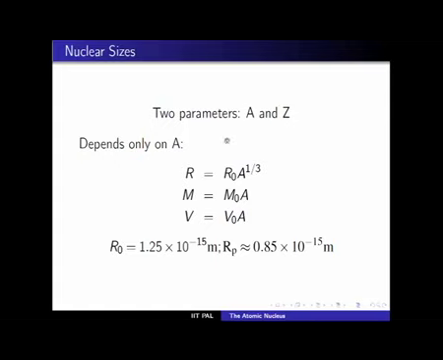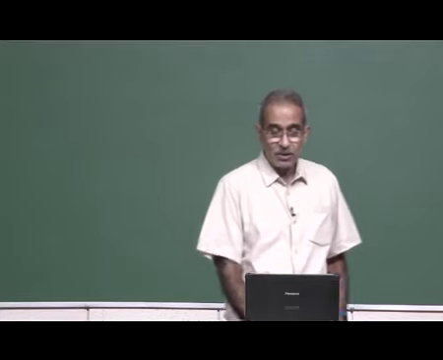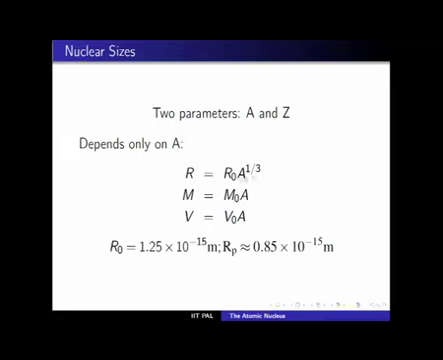So what we have to do is to look at this structure. What we are going to assume is that my nucleus is roughly spherical. In fact, more careful experiments also reveal the ellipsoidal nature of some of the nuclei. We are not going to get into that. The important point is that the radius goes like the power of 1/3 of the atomic weight.